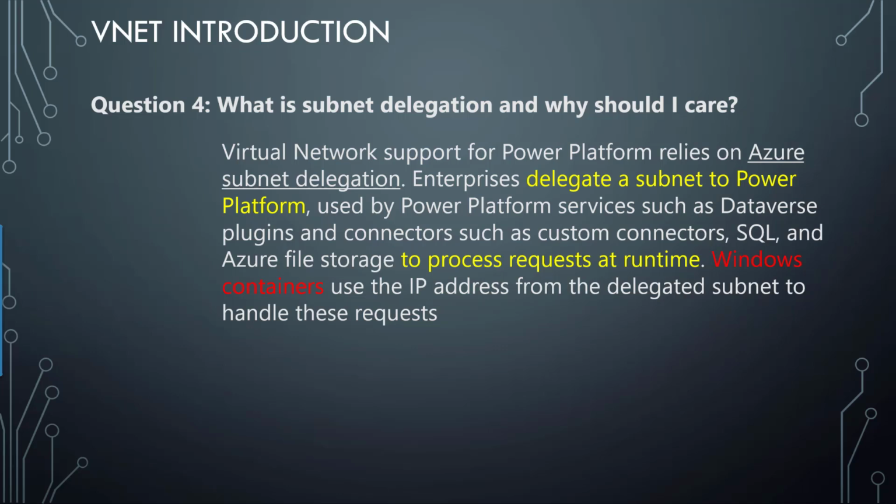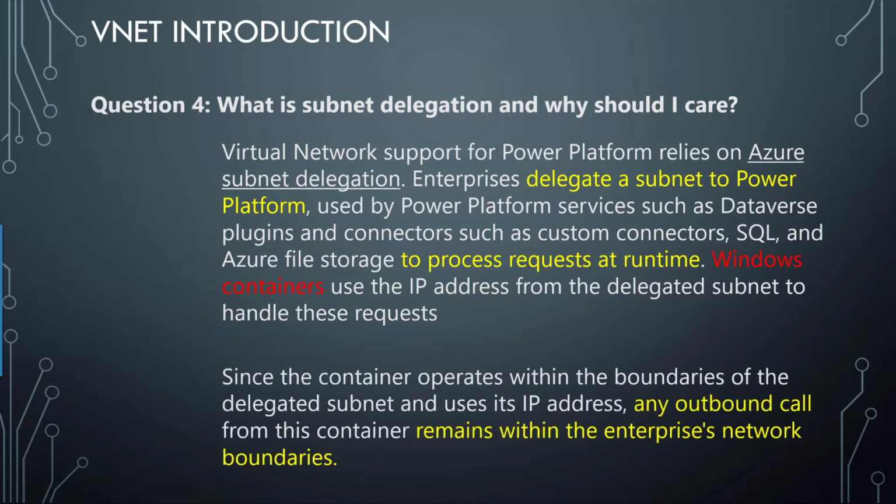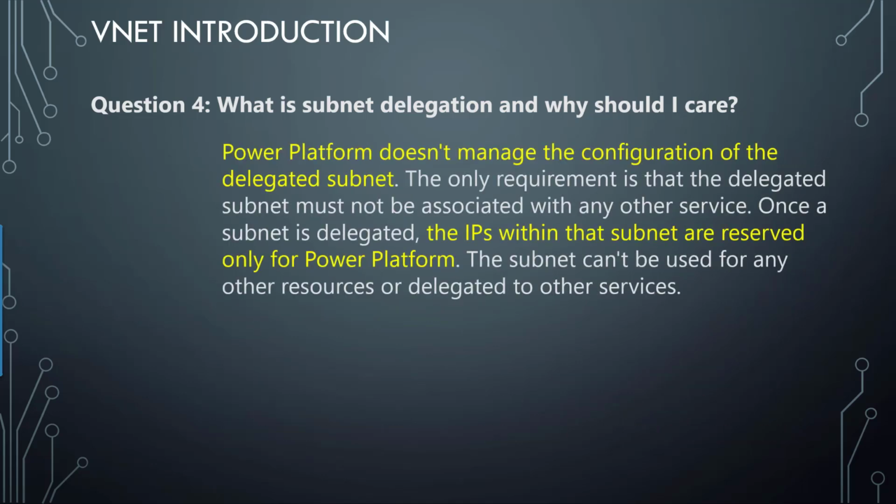And with the help of the subnet delegation, we process requests at runtime. And what helps us with that is a Windows container that uses the IP of the delegated subnet. Again, here I have some info, but in a second I will show you a picture. And of course, what is also important is that the IPs within that subnet are reserved for the Power Platform. So you cannot use any other service.